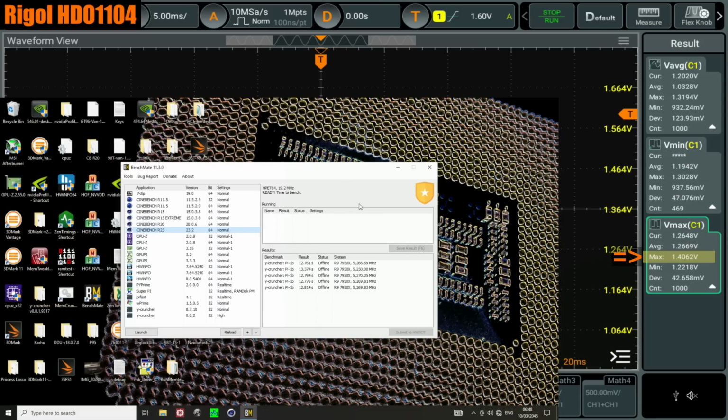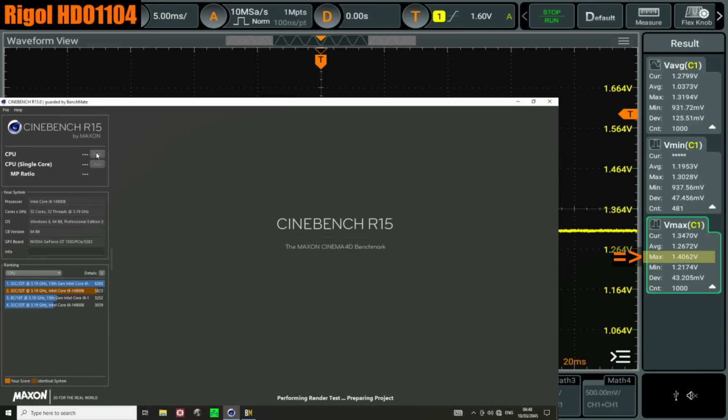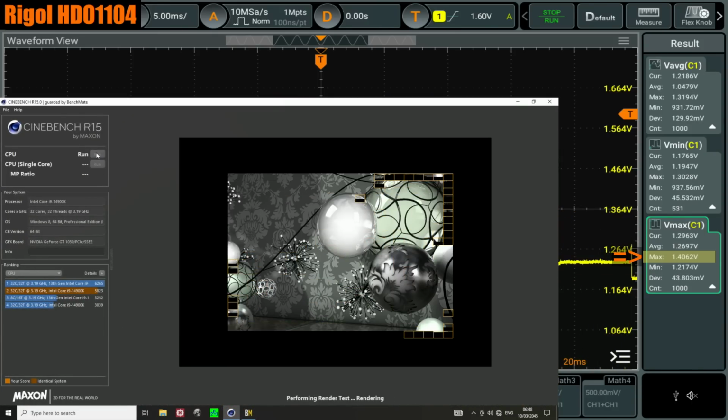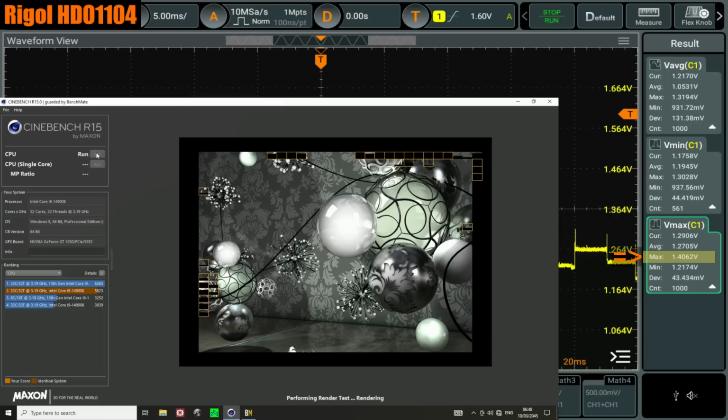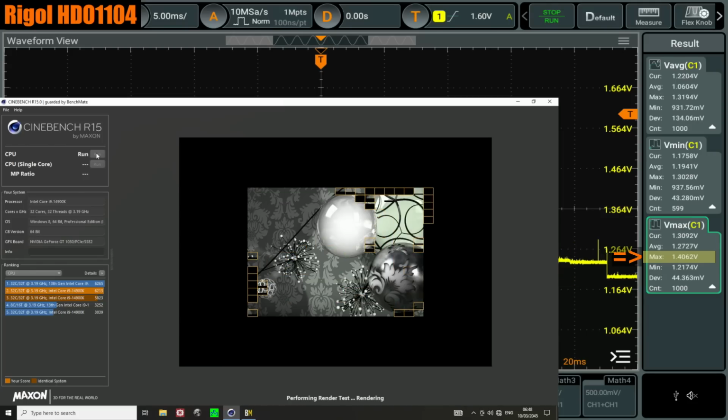Anyway, yeah, now our voltages are way lower because we also have that undervolt across the entire VID table. As you can see, it maxed out at like 1.4. Now, admittedly, I don't know if this minus 130 millivolt undervolt is stable, right?